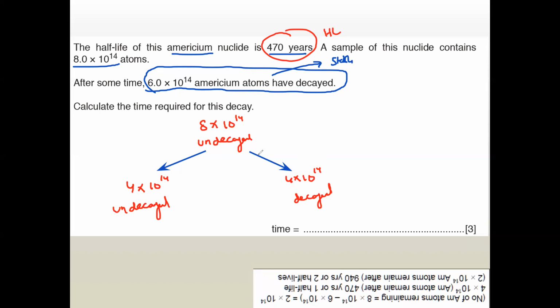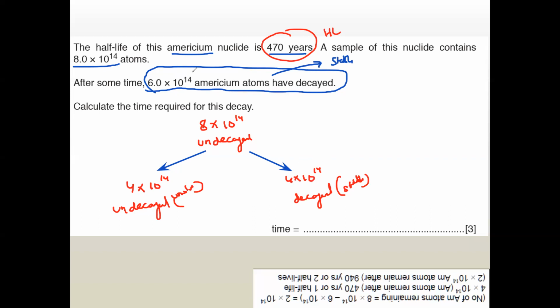So in the beginning, half will be undecayed and half will be decayed. Decayed means stable, not emitting more radiation, and the unstable ones we call undecayed. So this is one half-life.